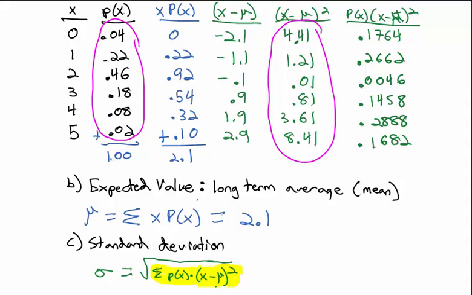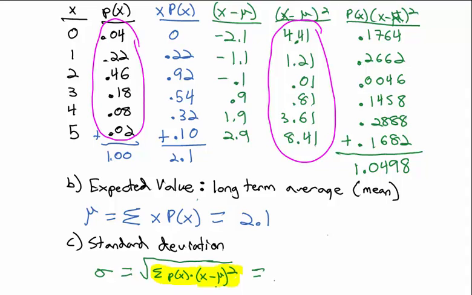The formula asks us to find the sum, which means we're going to add all of these together. 0.1764 plus 0.2662 plus 0.0046 plus 0.1458 plus 0.2888 plus 0.1682 is 1.0498.